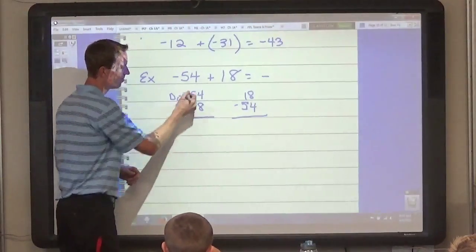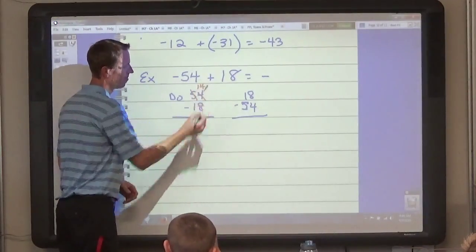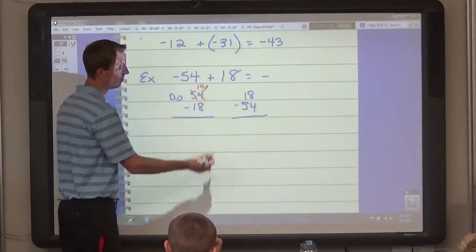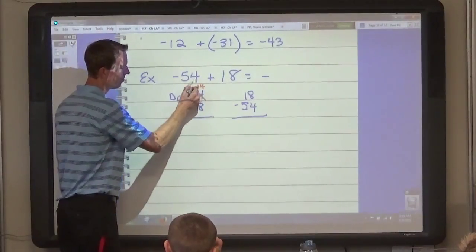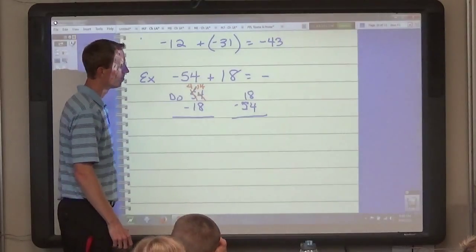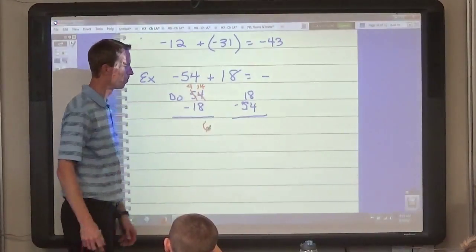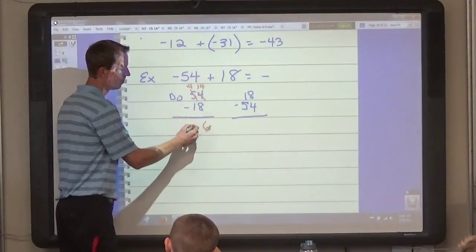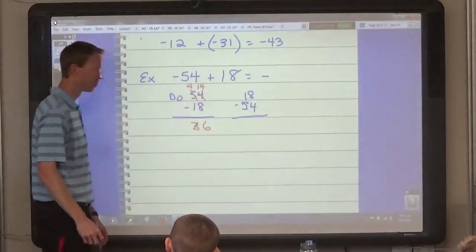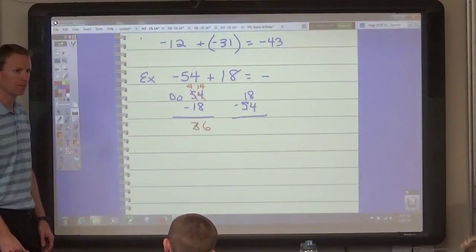You cross out the 5. Yep. You cross out the 4. You put a 14 above the 4. And you put a 4 above the 5. Good. And then you subtract the 8 from the 14. Good. And the 4 is there as a reminder that you need to subtract the 1 from the 4, not from the 5. Correct. Yep.